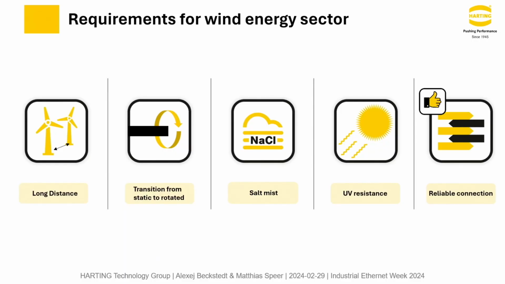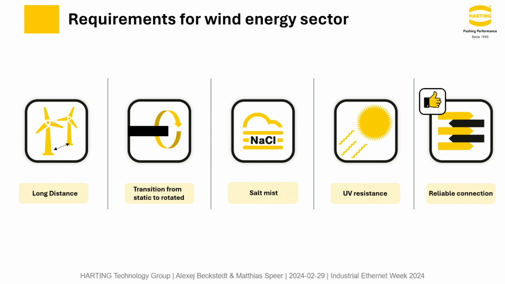We have movable dynamic areas and static areas where a reliable Ethernet connectivity is also necessary. If such windmills are built near the coast, it's also possible that salt mist appears in the air, and that salt mist can damage the surfaces of connectors and cables.